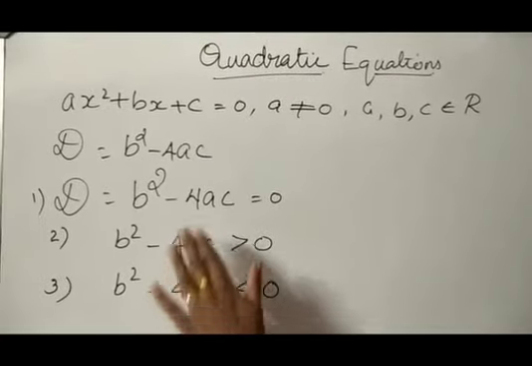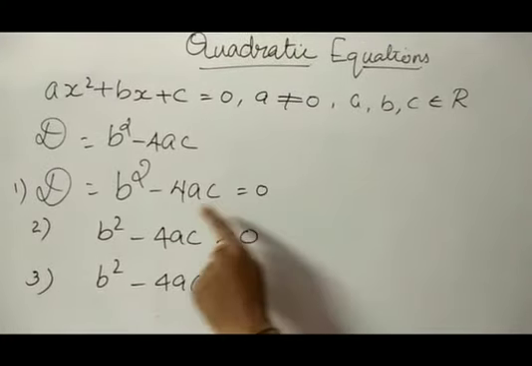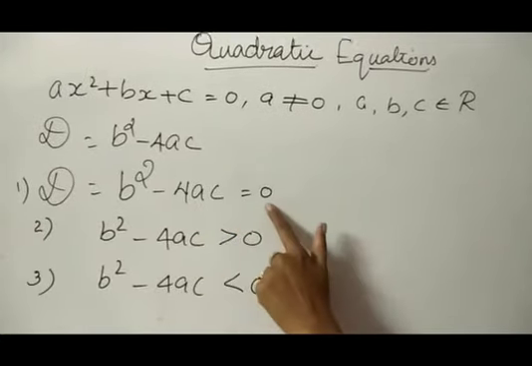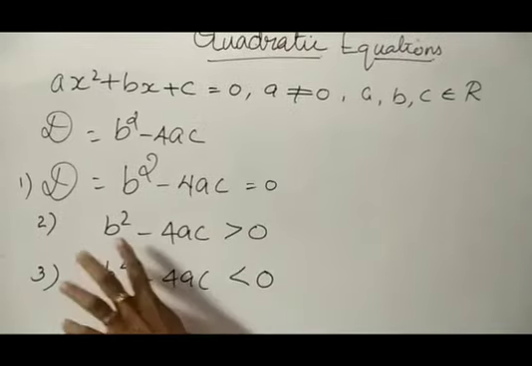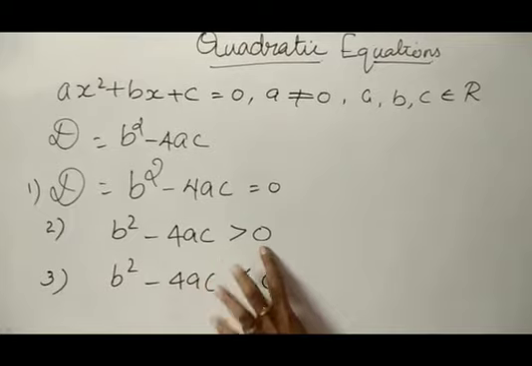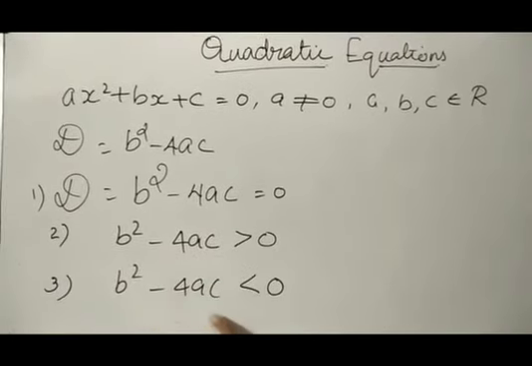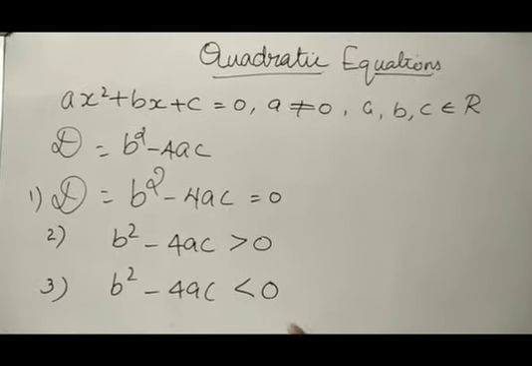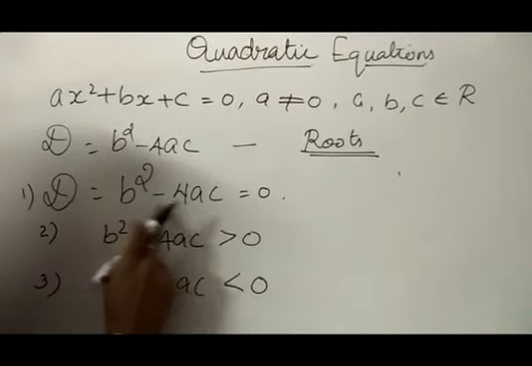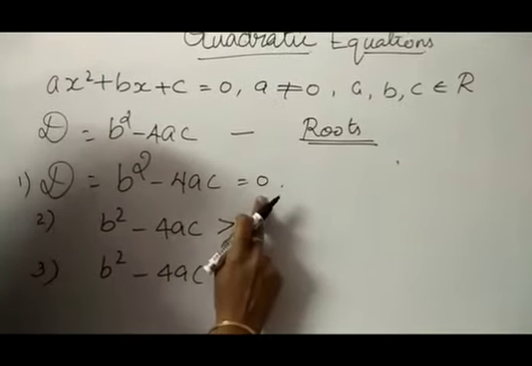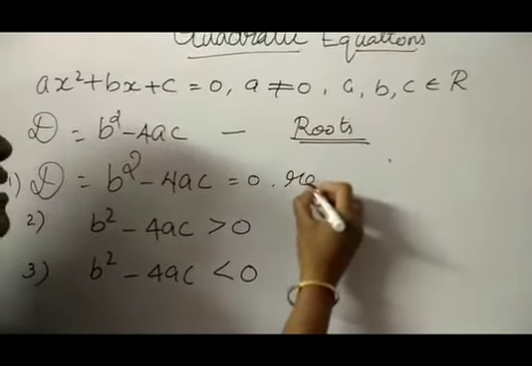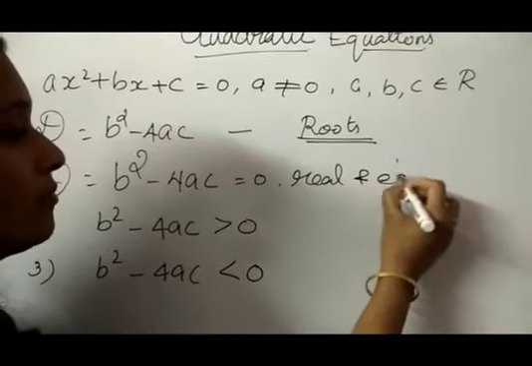The possible values of the discriminant are: b square minus 4ac is equal to 0; the second one, b square minus 4ac greater than 0; or b square minus 4ac less than 0. When the discriminant is equal to 0, the roots are real and equal.